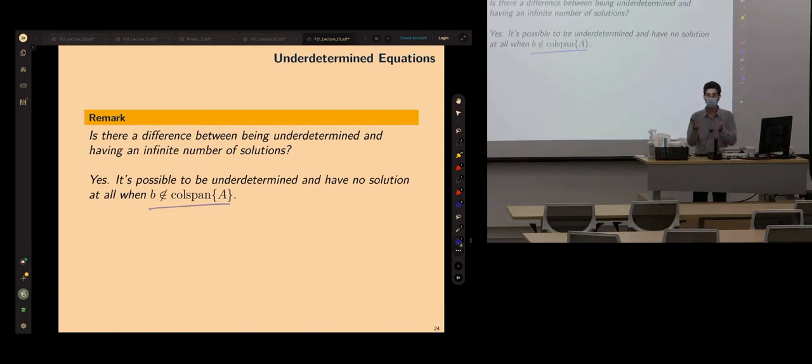So if B is not in the column space of A, there is no solution, even if the system is underdetermined, right? If B is in the column span of A, then we have an infinite number of solutions if the system is underdetermined. But if it's not in the column span, then there's no solution, as we had for previous cases.